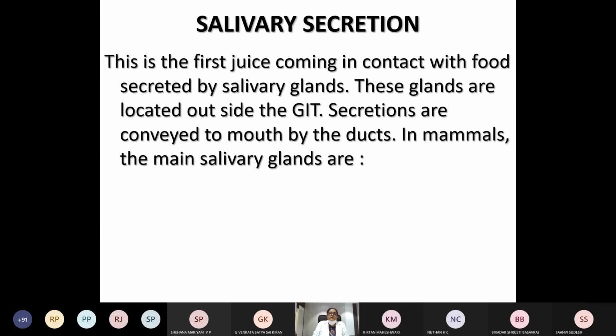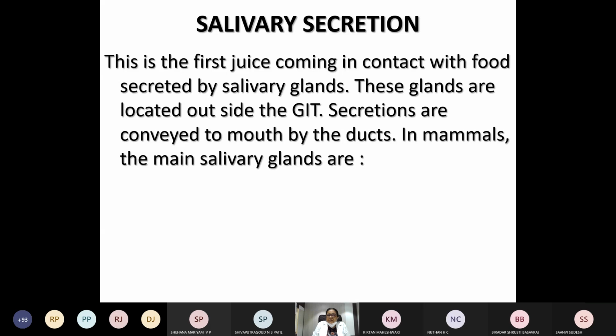Salivary secretion is the first juice coming in contact with food, secreted by the salivary glands. These glands are located outside the GIT. Secretions are conveyed to the mouth by ducts.